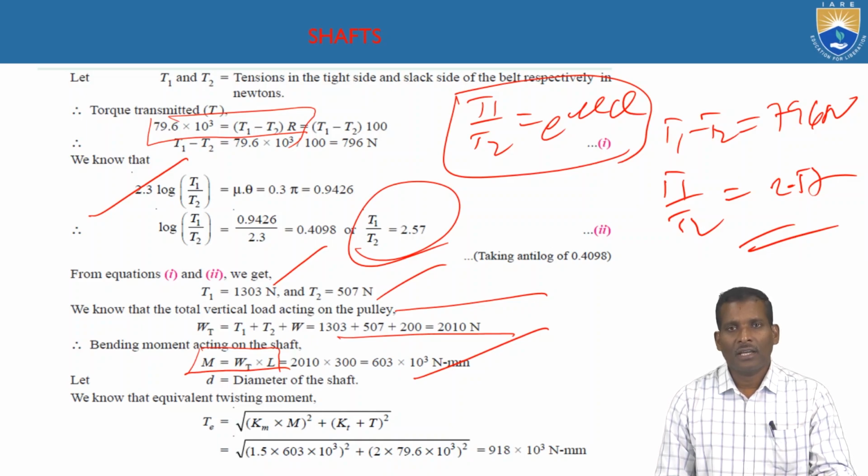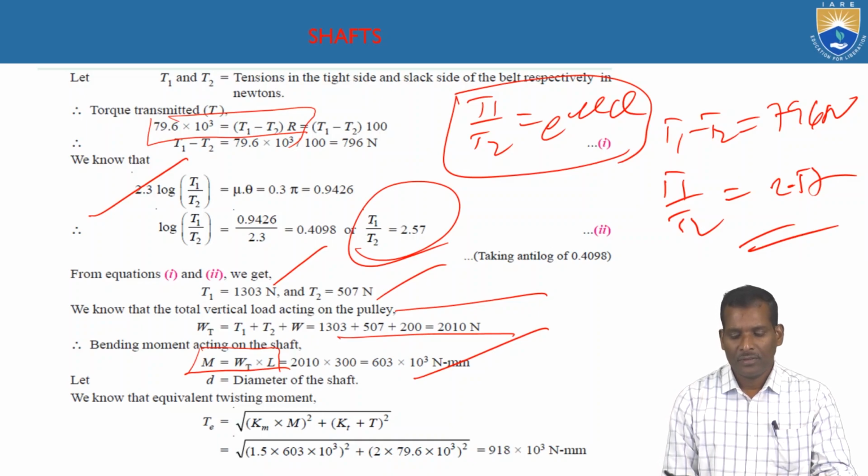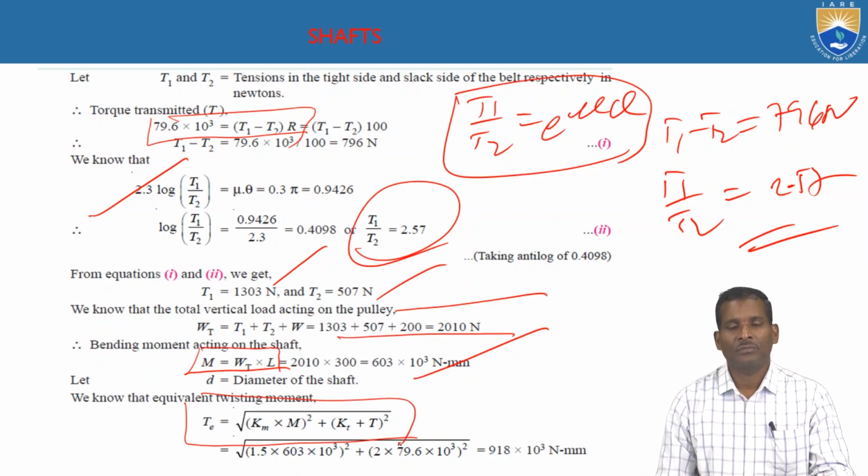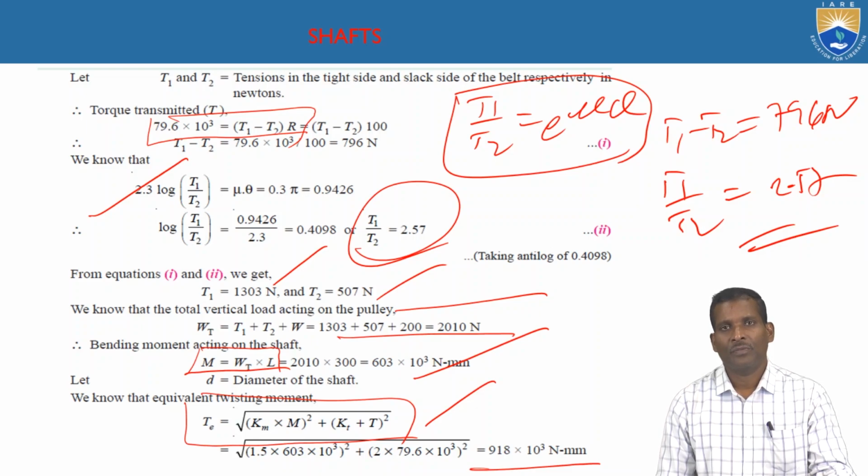So similarly, calculate equivalent twisting moment. The equivalent twisting moment when the shaft is subjected to fluctuating loads, square root of Km into M whole square plus Kt into T whole square. So here substitute the above calculated values: bending load fatigue shock factor and twisting moment shock factor. After substituting all the values, you will get the equivalent twisting moment.